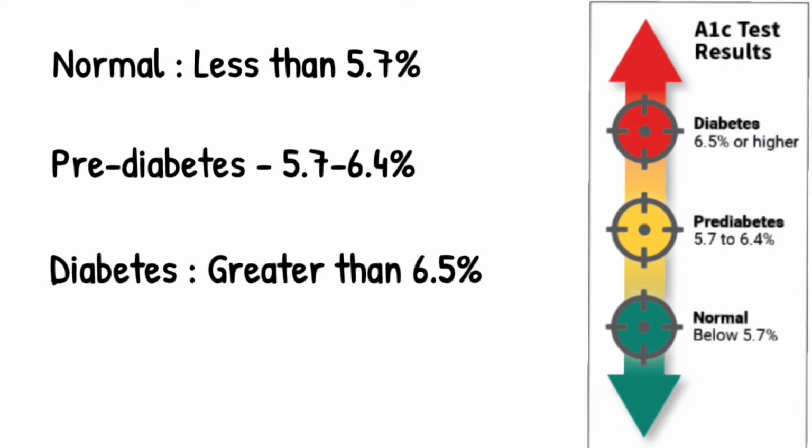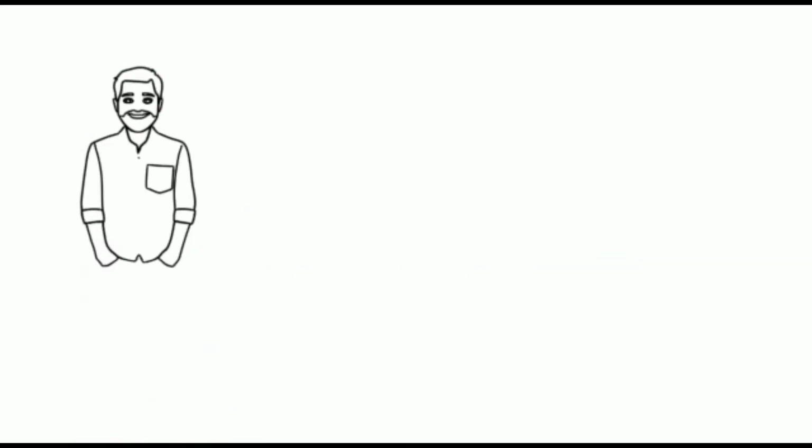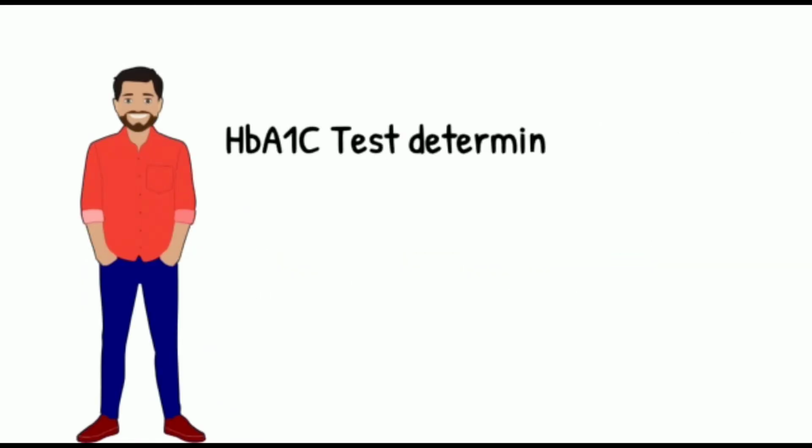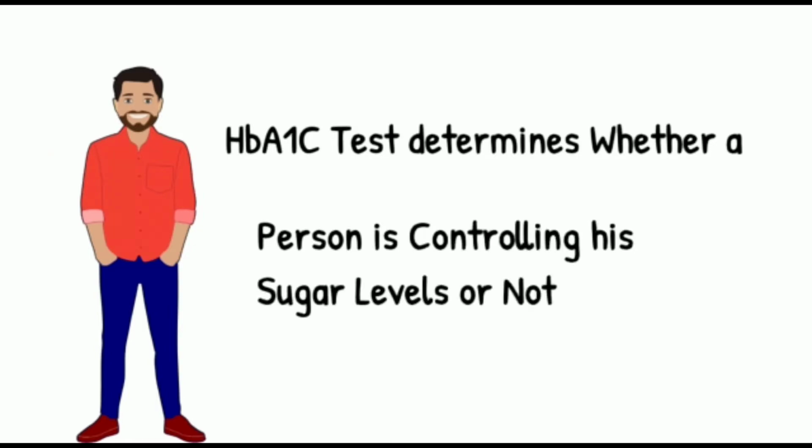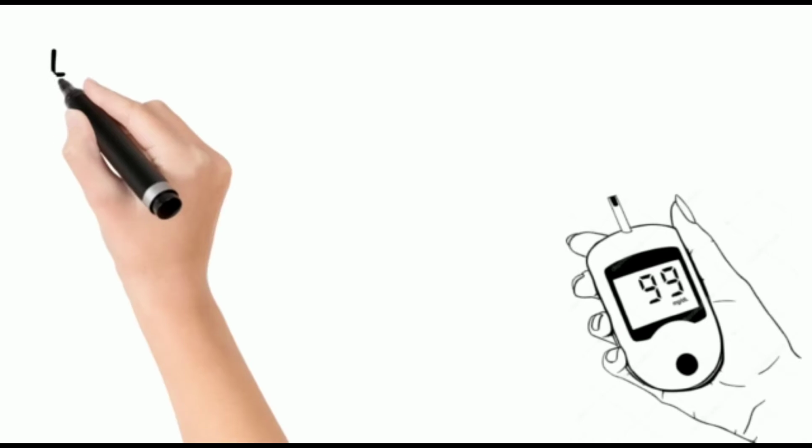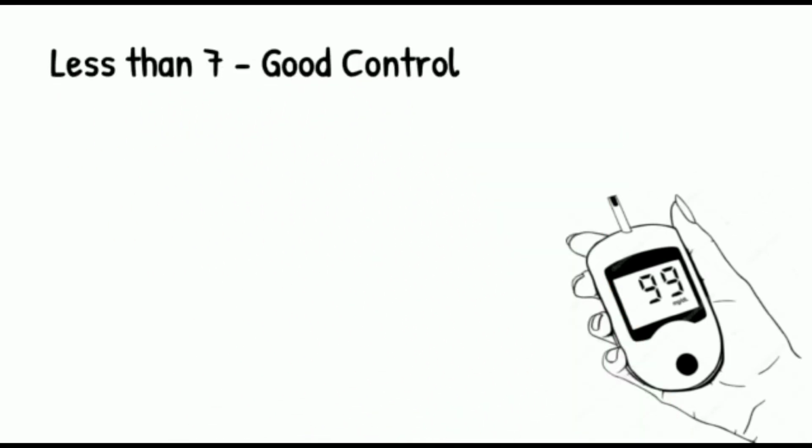With the help of HbA1c levels, we can assess whether the person is controlling their sugar levels effectively or not. If the HbA1c levels are less than 7%, the person has adequate control.